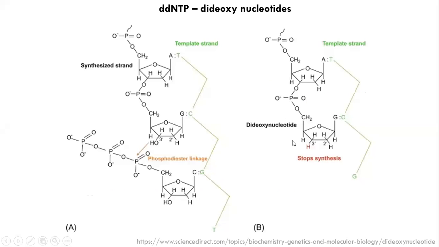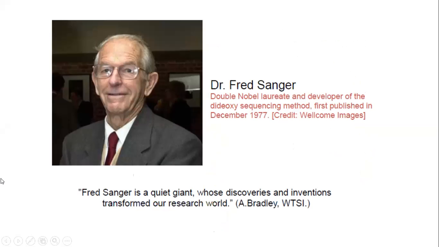So dideoxynucleotide and stopping of the reaction of nucleotide extension was first discovered by Dr. Fred Sanger. He's a double Nobel laureate. He's the pioneer who developed this dideoxy sequencing method, first published in 1977. And so we should appreciate the efforts of this individual person, individual perseverance, motivation, dedication, trying to understand a specific biological process.